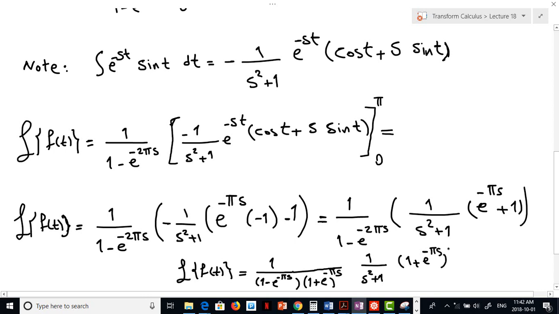So you can cancel this factor with this factor, and we will have 1 over 1 minus e to the power of minus pi s, times 1 over s squared plus 1.